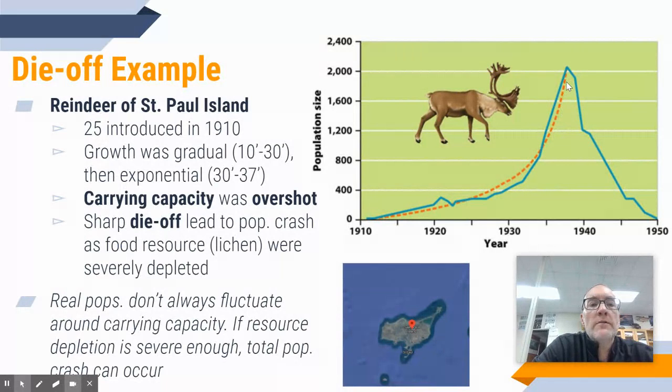And then obviously overshooting of the carrying capacity, and then a rapid drop as the population had no food. They ate all the lichen on the island. And this does happen when there's a limited resource and the population cannot move. So real populations don't always fluctuate. Sometimes they do crash.